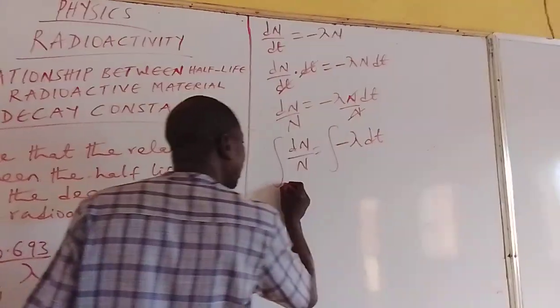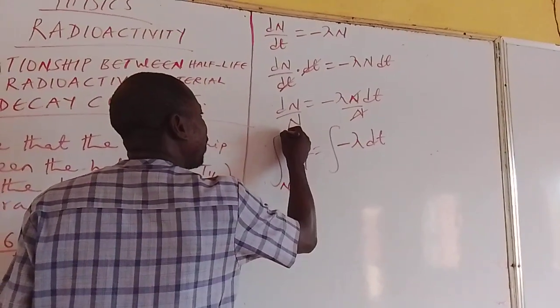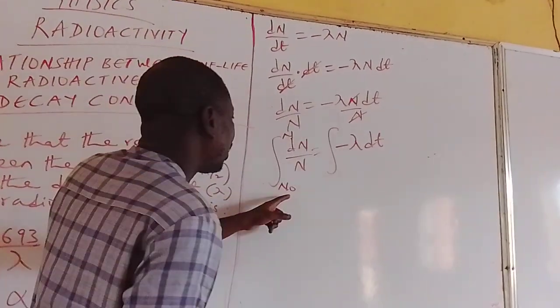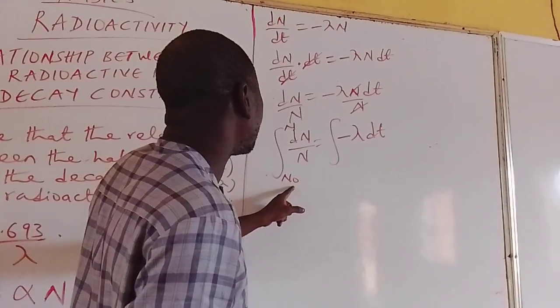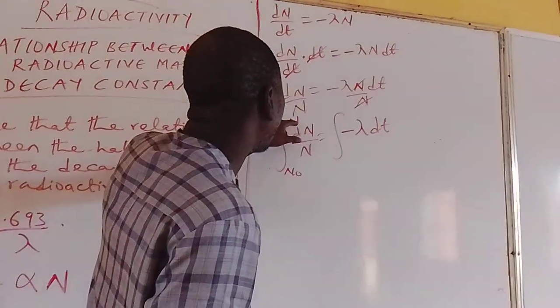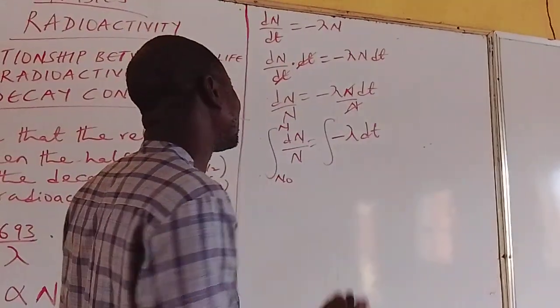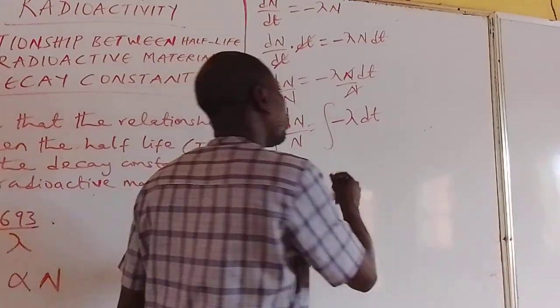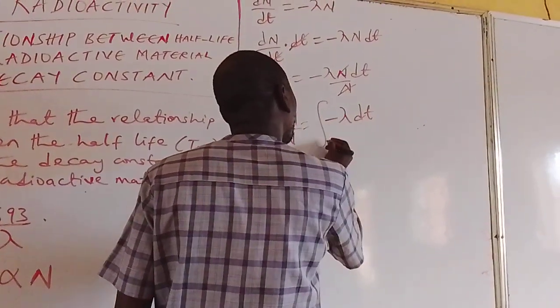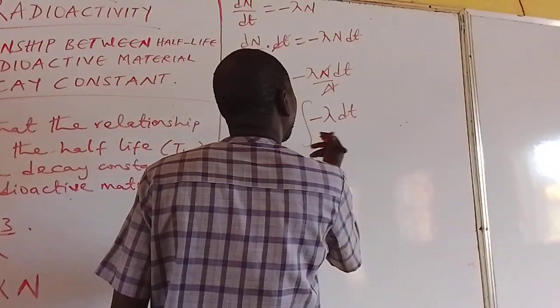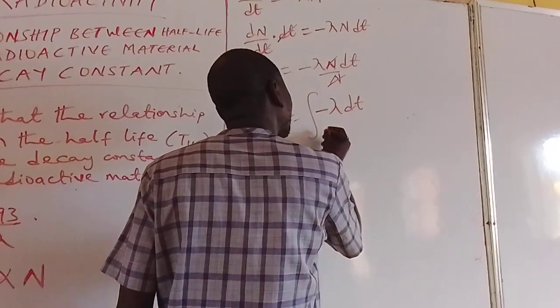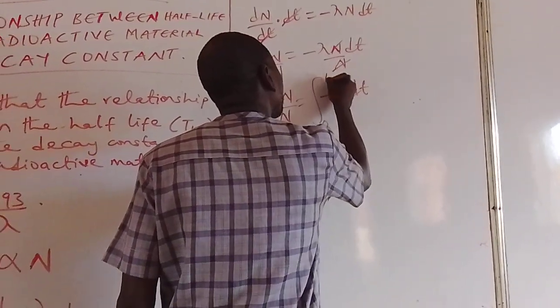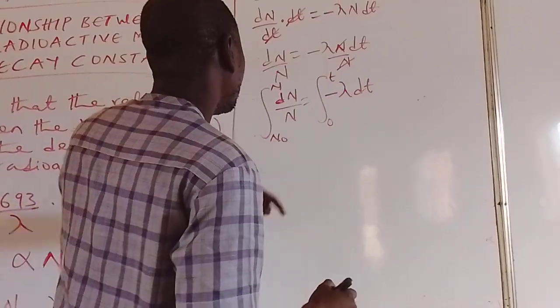The lower limit will be N naught, while the upper limit will be N. This N naught is the number of atoms originally present, then N is the atoms left after disintegration or decay. Here, the lower and upper limit at the right-hand side will be when t is ranging from 0 to t. So here we go.